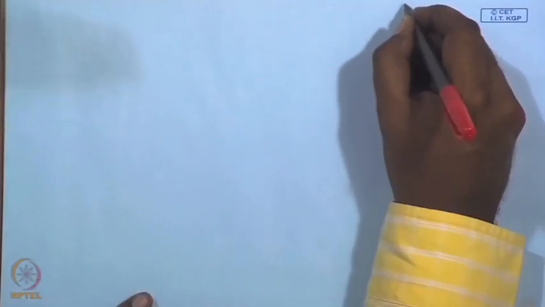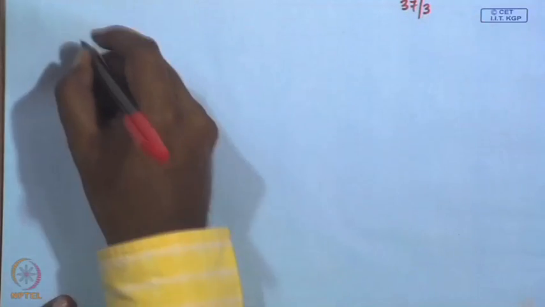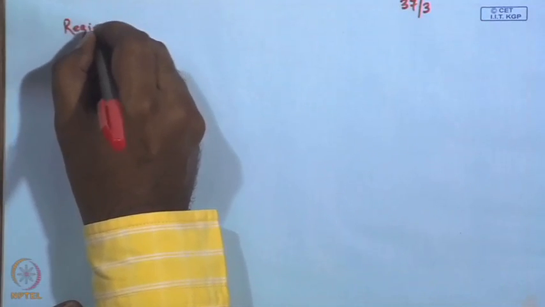Beyond R greater than b, regime 3 sets in.